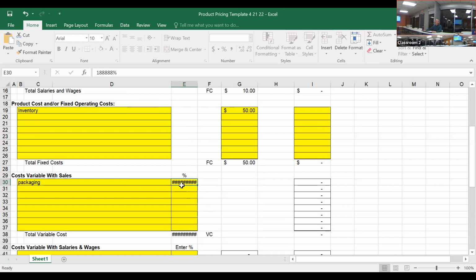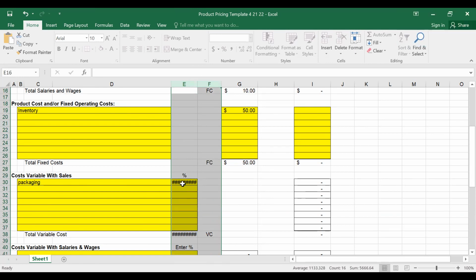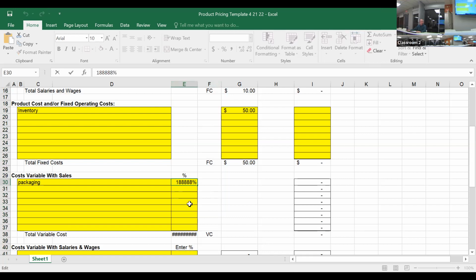Click in a cell first, and then between the E and the F, you should get the little drag bar.